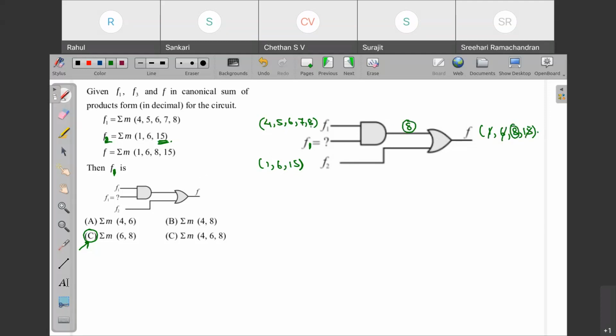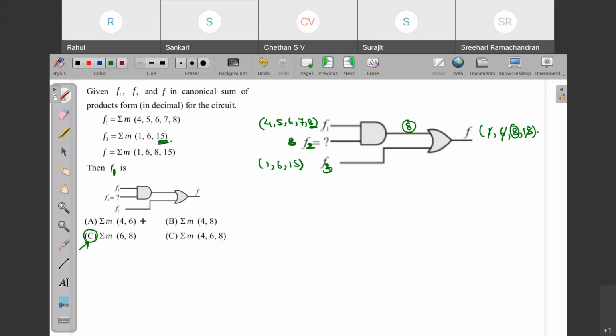Over here you can see 8 is present in F1. I think I did some mistake? This is F3, this is correct. They have written F2 over here. So this will be F3 and this is F2. So 8 must be common over here also.